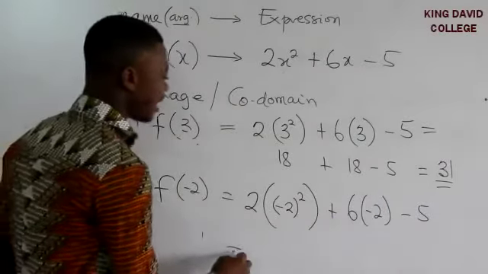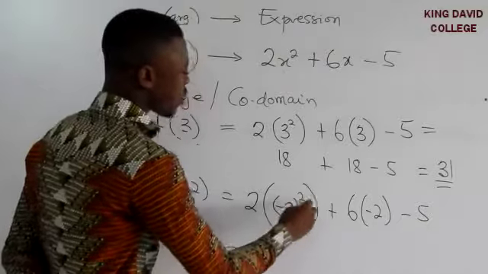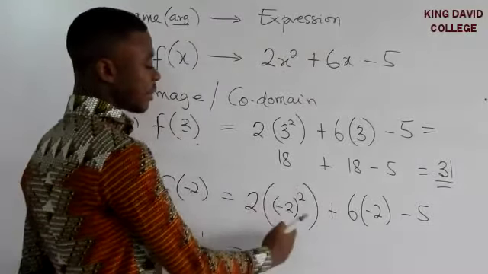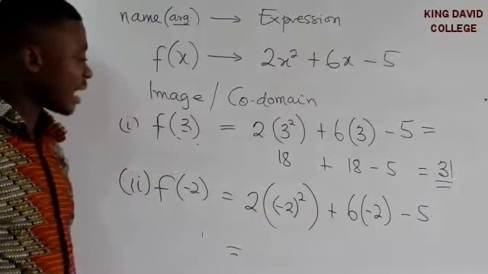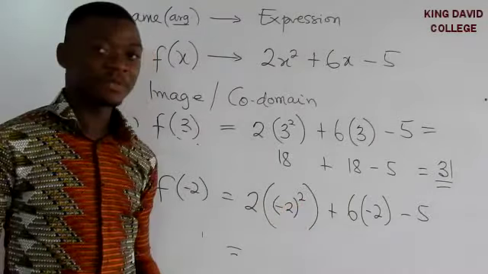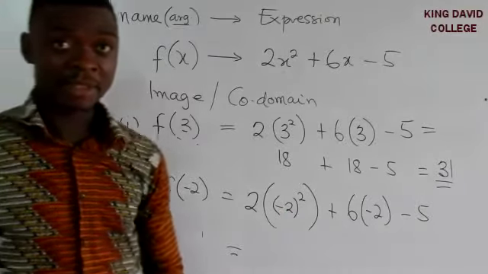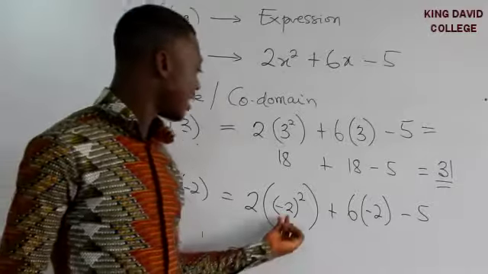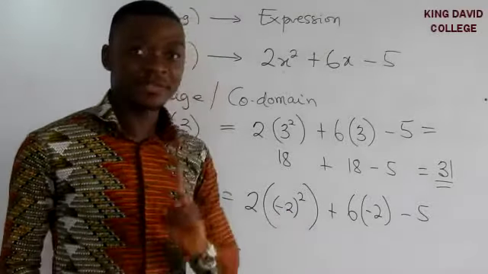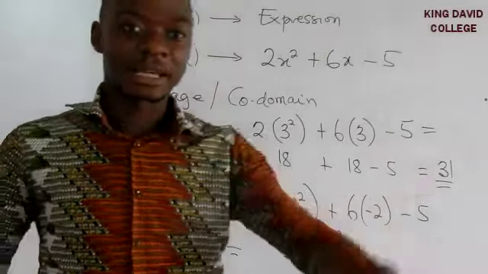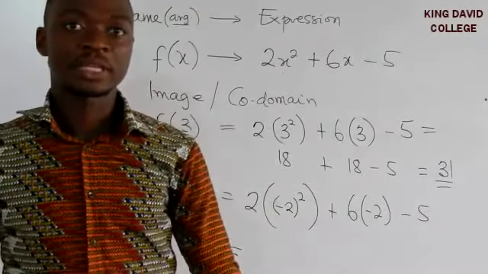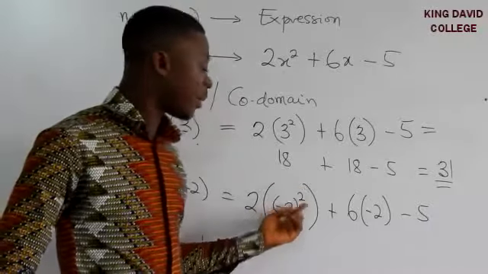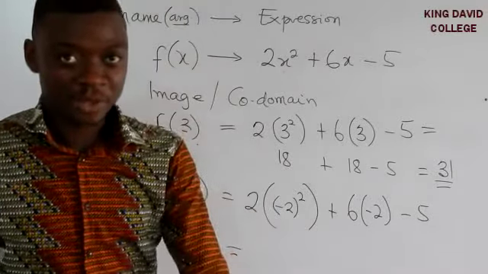So at the end of the day, -2 squared is just -2 times -2, which is going to be a positive value, 4. Every even power of a negative value will give you a positive number. That is also a good and noteworthy thing. If you have a negative value and the power is even, you are going to get a positive value. Okay? So negative with an even power will give you a positive result.